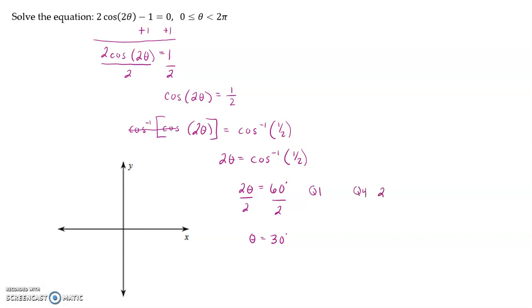So we're going to end up with 2 theta. If we come 60 degrees down from our x-axis here, that's going to give us a 300 degree angle measure. Right, and now we can go ahead and divide both sides here by 2. And this is going to give us theta equals 150 degrees.